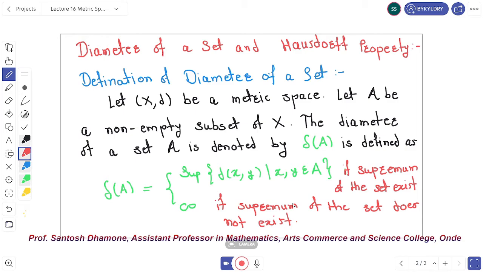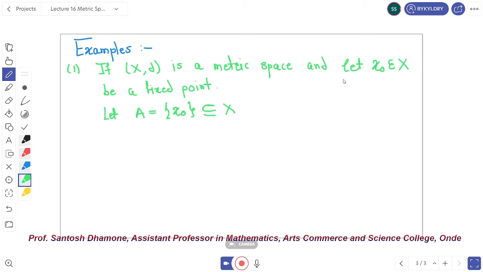Let A be the singleton set {x0}, which is a subset of X. Then the diameter of set A, delta A, is equal to the supremum of the set of distances between x0 and x0, because this set contains only the singleton element x0.